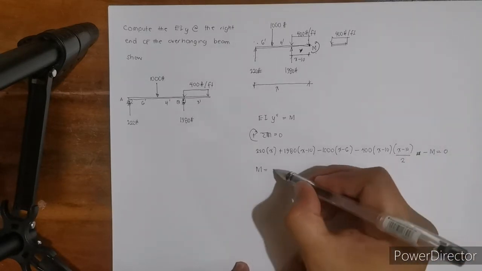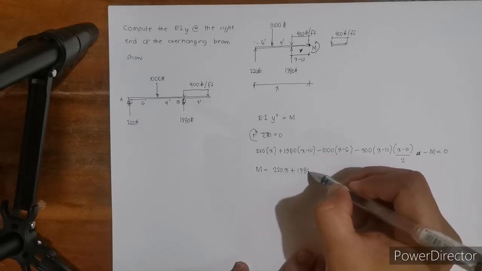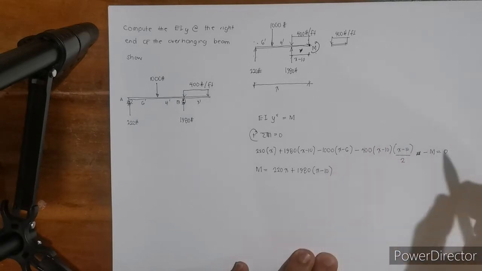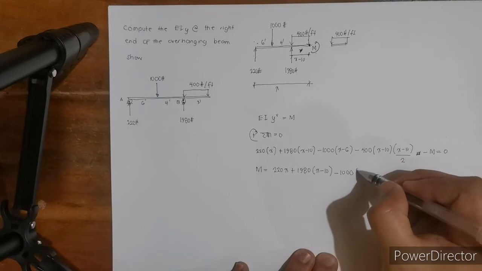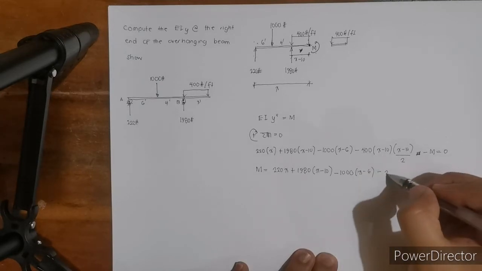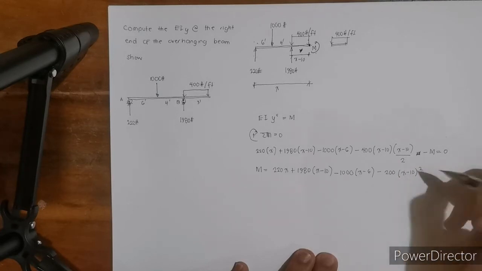M will be equivalent to 220x minus 1980 x minus 10 minus 1000 x minus 6 minus, simplify natin to, 200 x minus 10 squared.